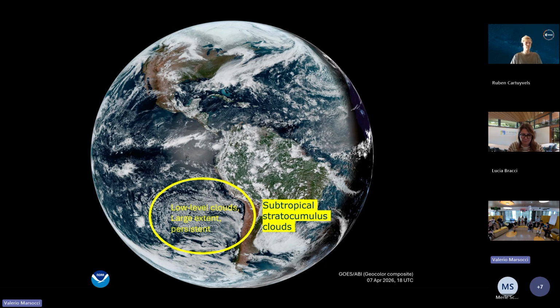The important thing from this radiation perspective is that they have a really large horizontal extent, and they're very persistent. Any time that you look at a satellite image, you will find these cloud decks. So they reflect a lot of incoming solar radiation and have a large cooling effect on our Earth.